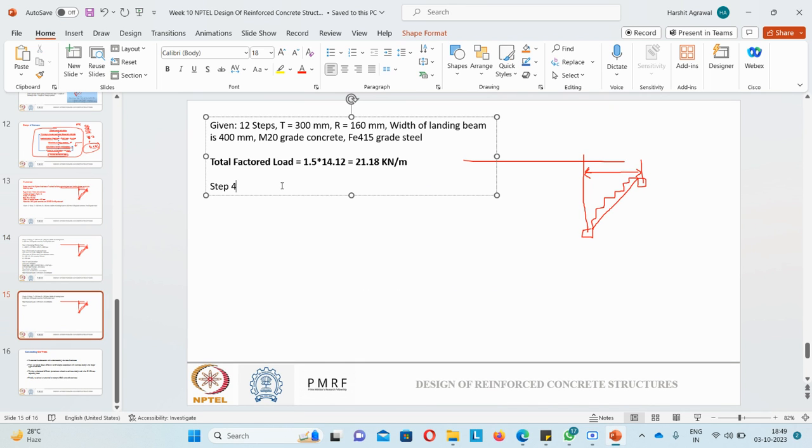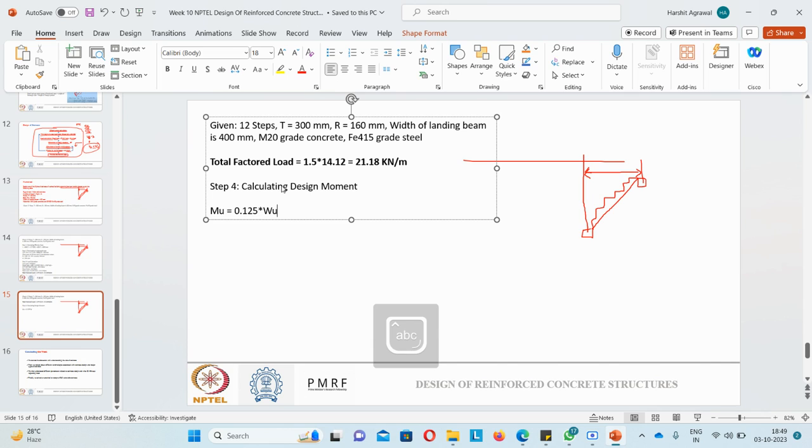Yes, step 4 is calculating the design moment. So Mu is nothing but 0.125 W L square. I know W and I know L square, so it is 0.125 times 21.18 into L square.